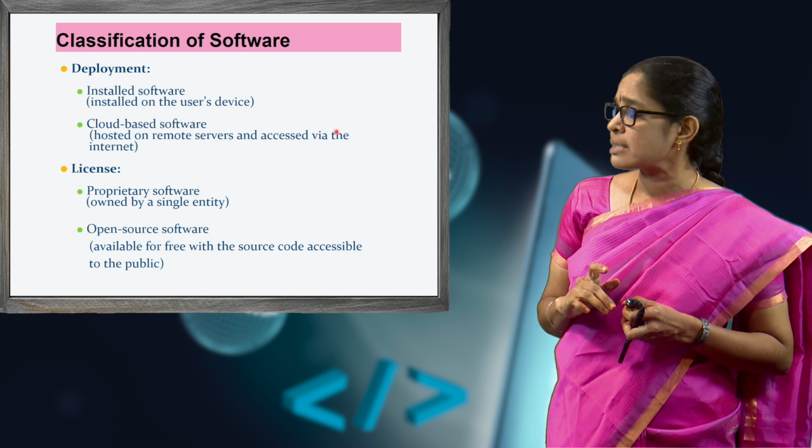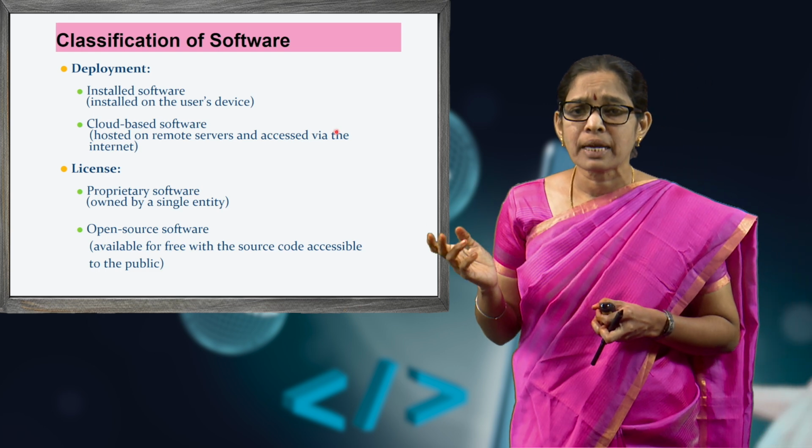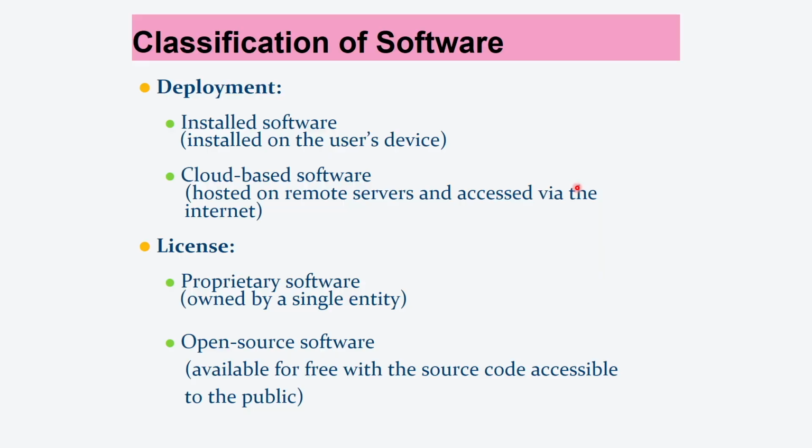Then the next one is license. It may be either proprietary software or open source software. Open source means it is available for free with source code. A proprietary one is owned by a single entity and used through a subscription.